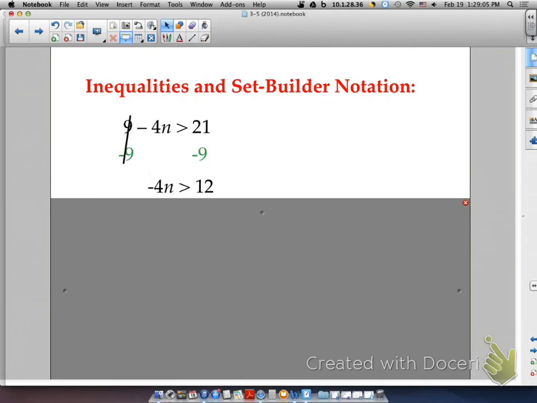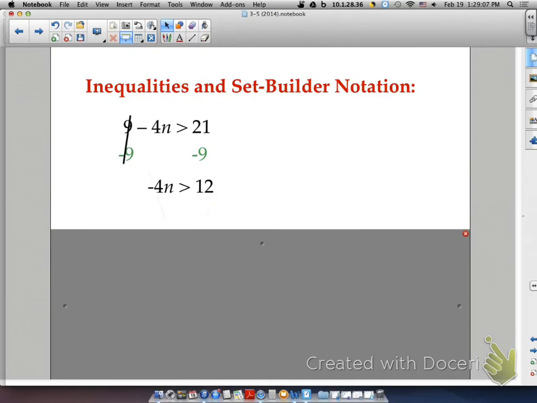I divide both sides by negative 4. So negative 4 and negative 4 cancel. That leaves me with n is less than negative 3.